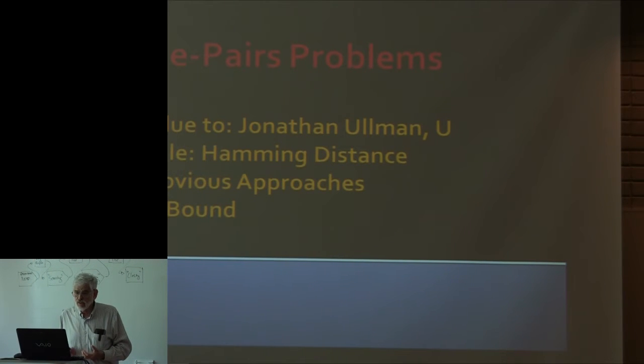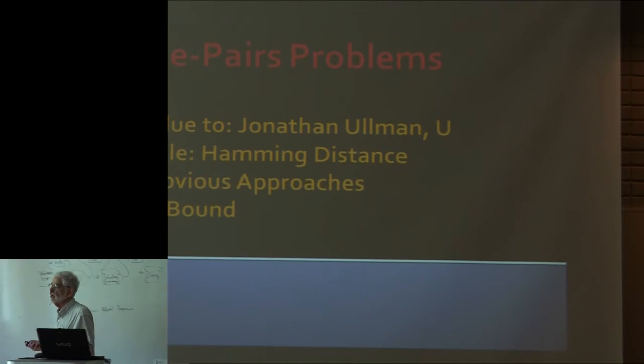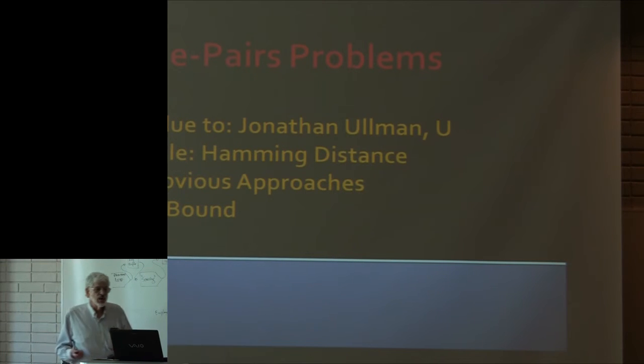Anyway, I want to talk about the Hamming distance problem as an example of a realistic sum pairs problem. And then I'm going to tell you there are 2 algorithms that will work in general and are kind of obvious.